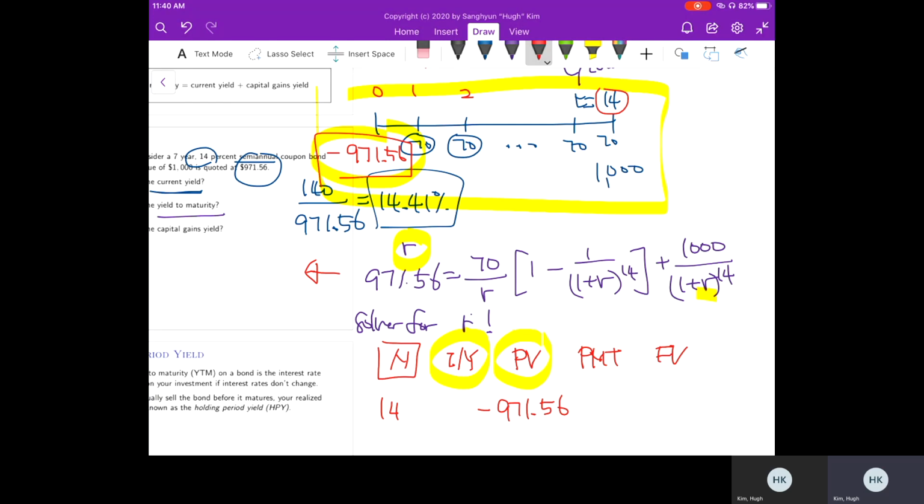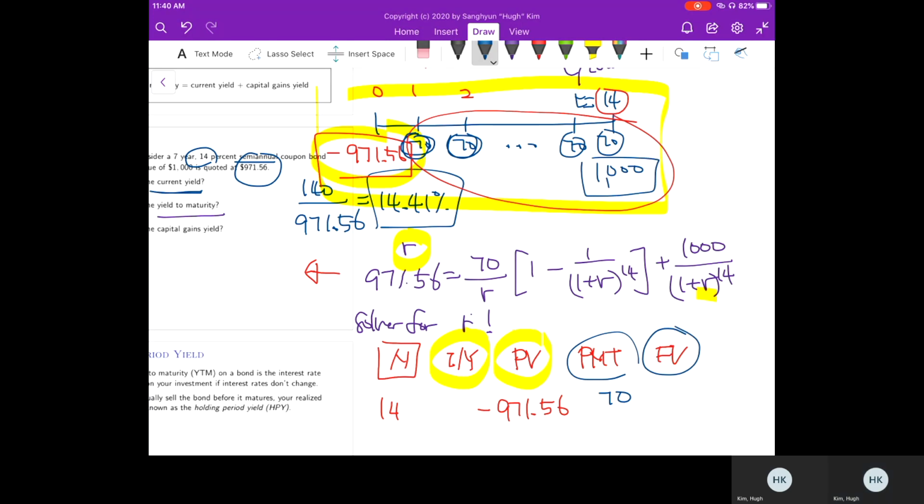And in return for this, the bondholder can receive the following cash flows, which will be cash inflows. The payment is the coupon payment, which is 70, and the face value or the future value of the lump sum payment is 1,000.